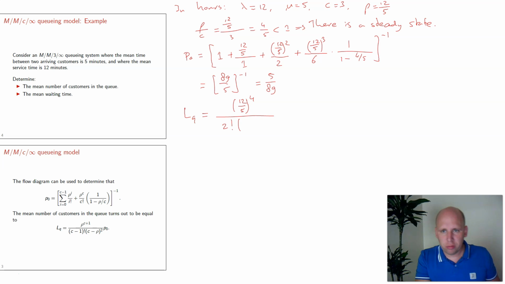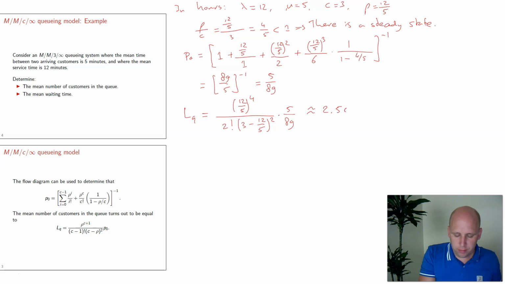And C minus rho is 3 minus 12 over 5, and that will be squared. And this should then be multiplied by P0, and that's equal to 5 over 89. This can be calculated and we can give an approximation: 2.5888. So this is the expected number of customers in the queue, approximately 2.6.